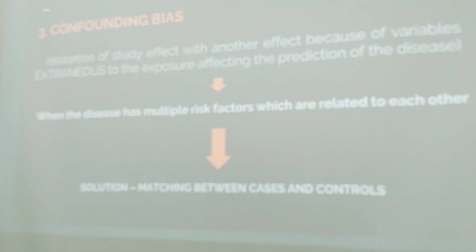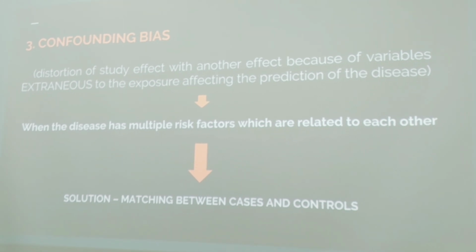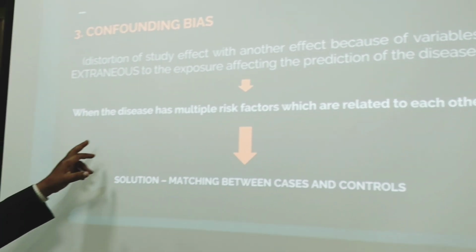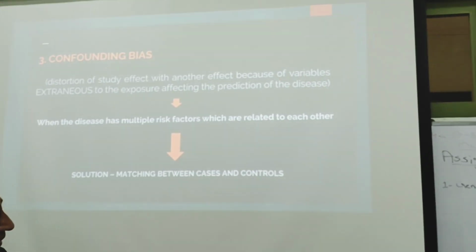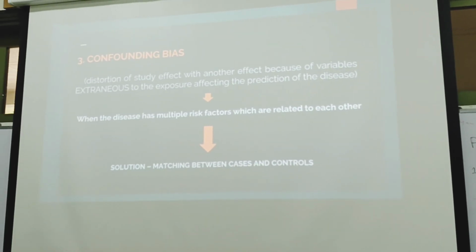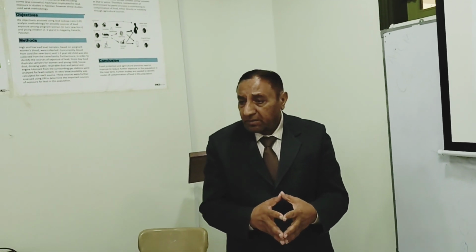Next. Confounders are related to both the exposure and the disease. So these are important when the disease has multiple risk factors which are related to each other. They look similar, but they are not the actual disease causing factors.